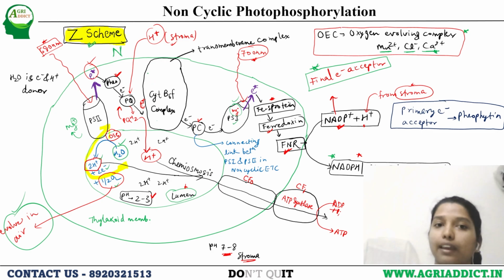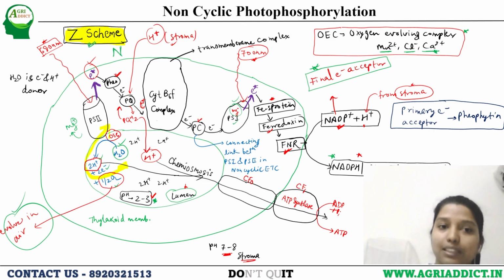One H plus comes every time the electron is transferred. H plus is coming into the lumen. Now this H2O is broken up by the oxygen evolving complex, and here also the H plus is getting added. That's why we are saying the lumen pH is 2 to 3. Why? Because H plus is coming. When the concentration of H plus ion is increasing in the lumen, the pH will decrease.